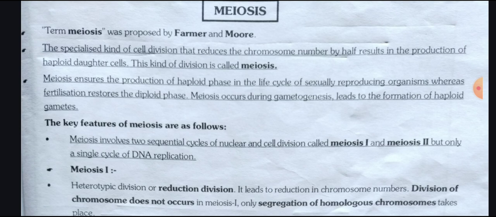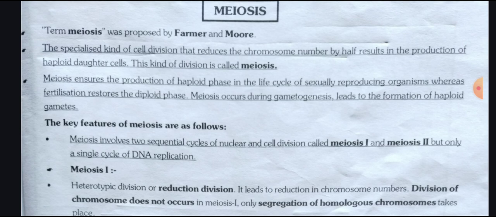The key features of meiosis are as follows. Meiosis involves two sequential cycles of nuclear and cell division called meiosis I and meiosis II, but only a single cycle of DNA replication. Meiosis I is a heterotypic division or reduction division. It leads to reduction in chromosome number.